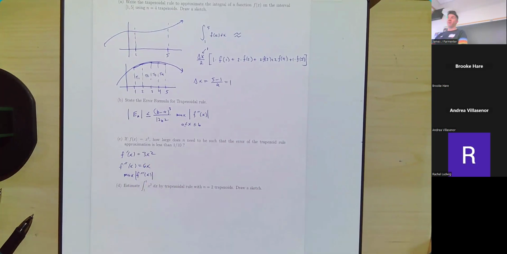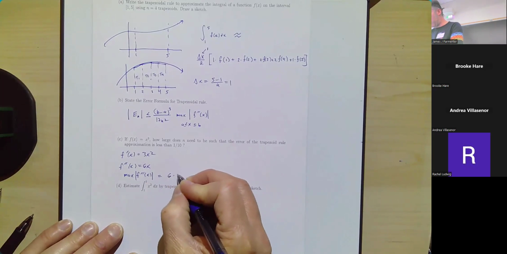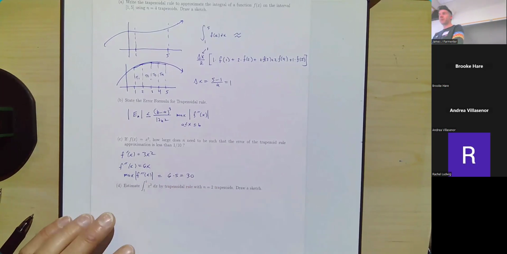Well, it depends on what our interval is. But we're on 1 to 5, so what x should I pick to maximize that? I'm picking the 5. So if I plug in 5, that's going to be 6 times 5, which is 30. There's your max f double prime.